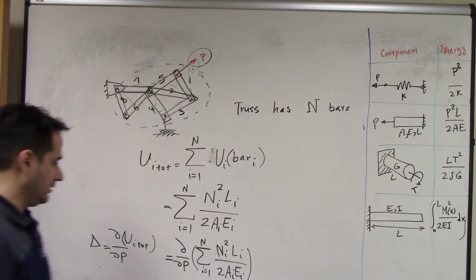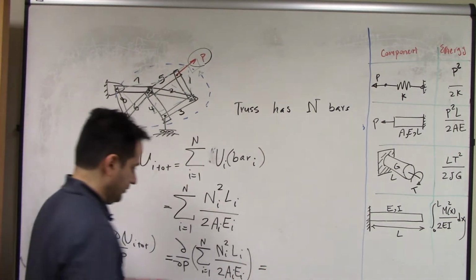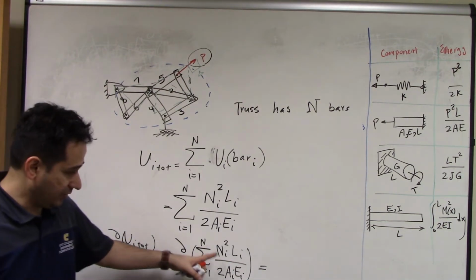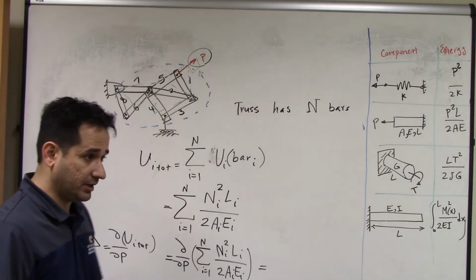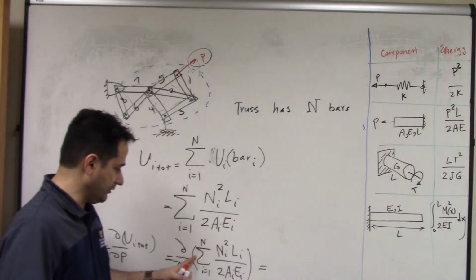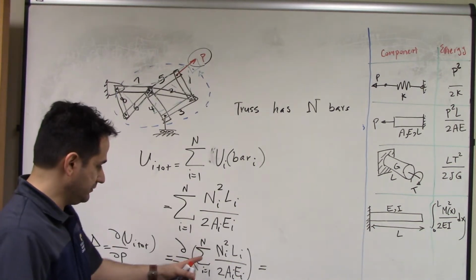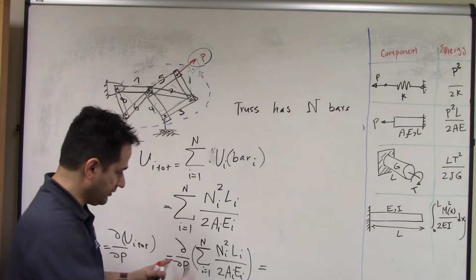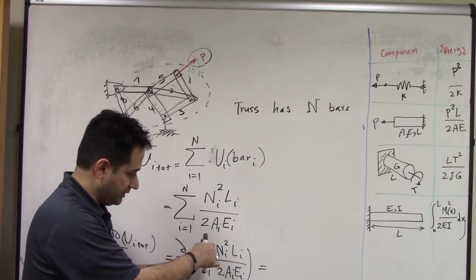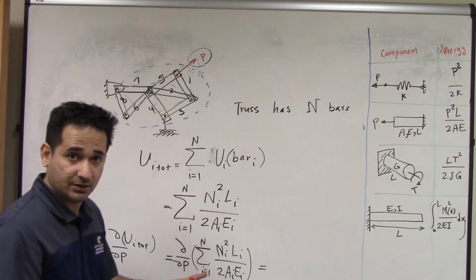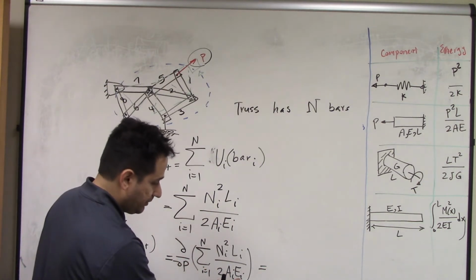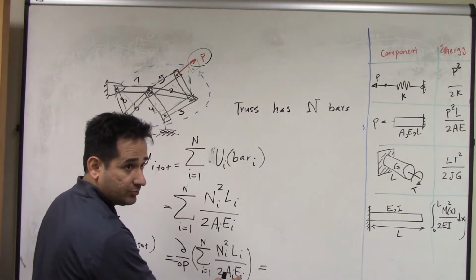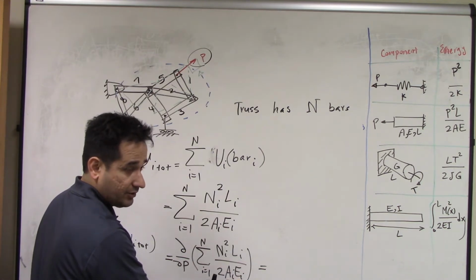Right? Okay, and then you can take this derivative inside the summation. Again, in calculus, we had the property of interchanging the linear operator. So you can bring it in. And also, these are independent of the applied load P: modulus of elasticity, area of cross-section, length.